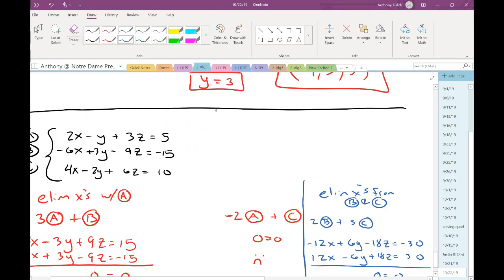So the way I would write my infinitely many solutions is I'm just going to take equation A and isolate one of the variables. So let's say we isolate the y. So if I do that, I'm going to get 2x plus 3y minus 5.